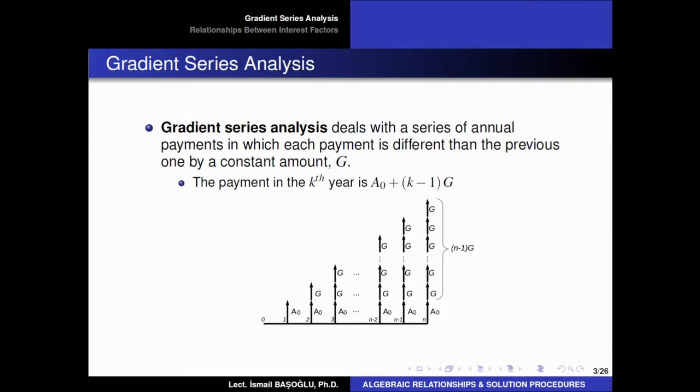So after you retire, this is just going to be your retirement salary at the end of each year, increasing by an amount in each following year. So this is not the last series cash flow structure we are going to learn in this course. We are also going to study another type of series, which is called geometric series. But at this point, we are studying this linearly increasing gradient series.